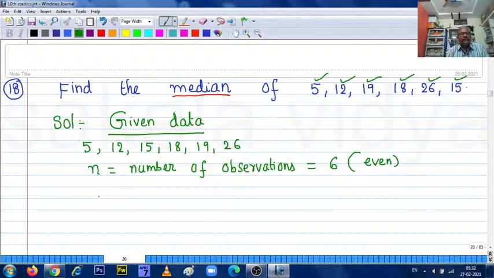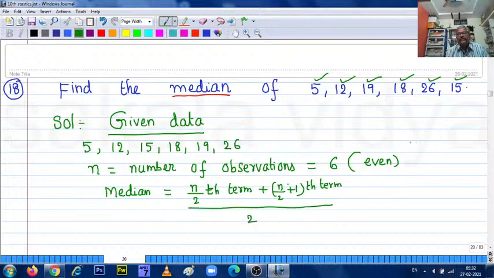For an even number, the median is given by the n by 2 term plus the n by 2 plus 1th term, divided by 2. This is the median.